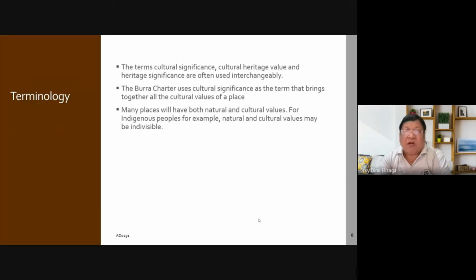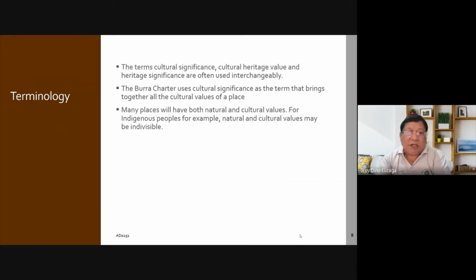And this is also how we're going to use the term in our class. If, for some reason, I interchange it with other terms like cultural heritage value and heritage significance, just know that I actually mean cultural significance.